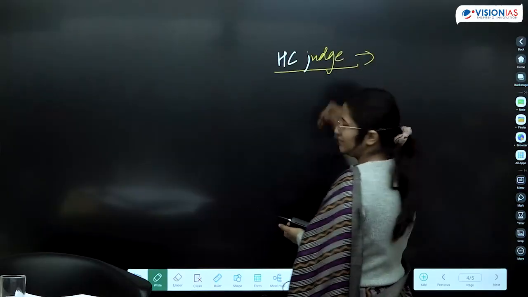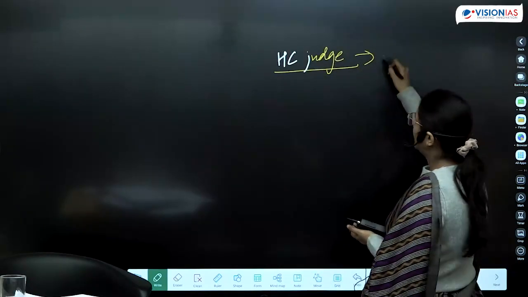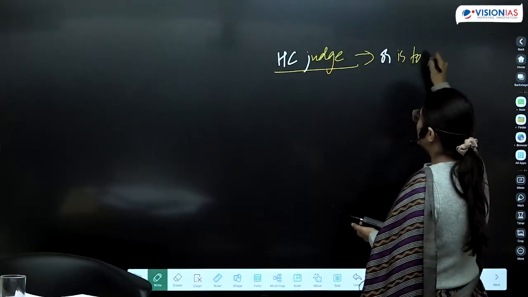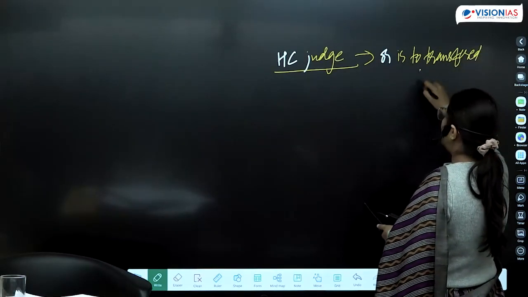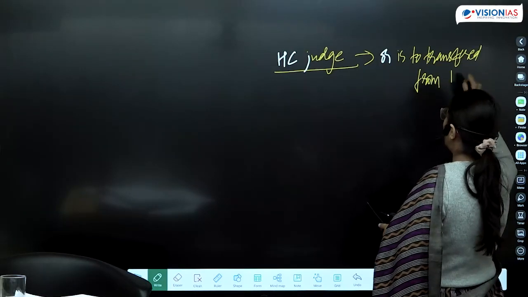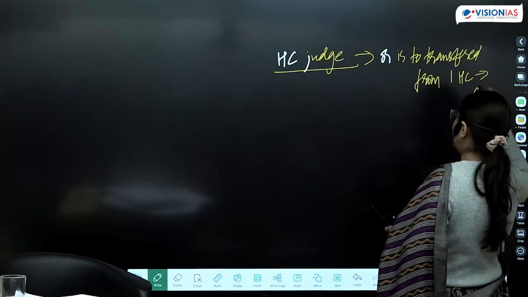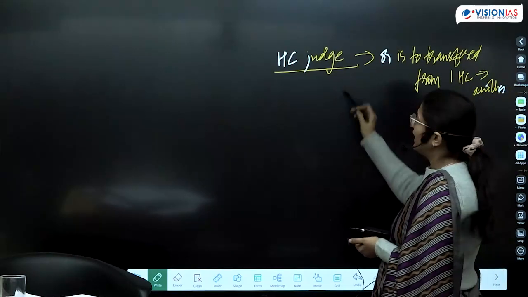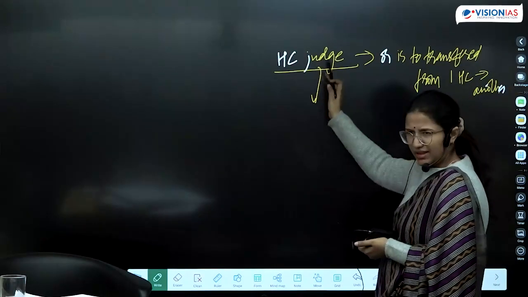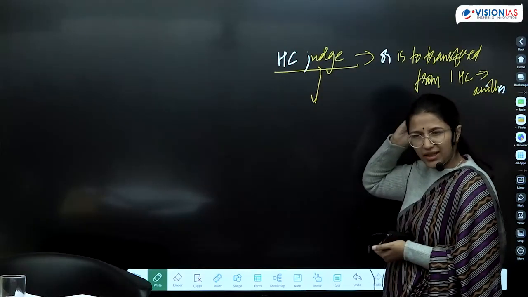In case a person has to be appointed as a High Court judge, or is to be transferred from one High Court to another, let us just keep it simple, say someone is to be made a High Court judge.